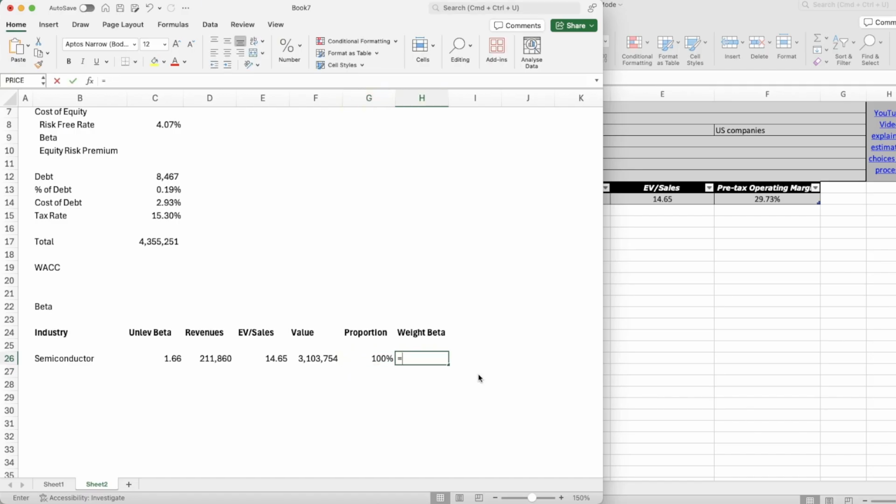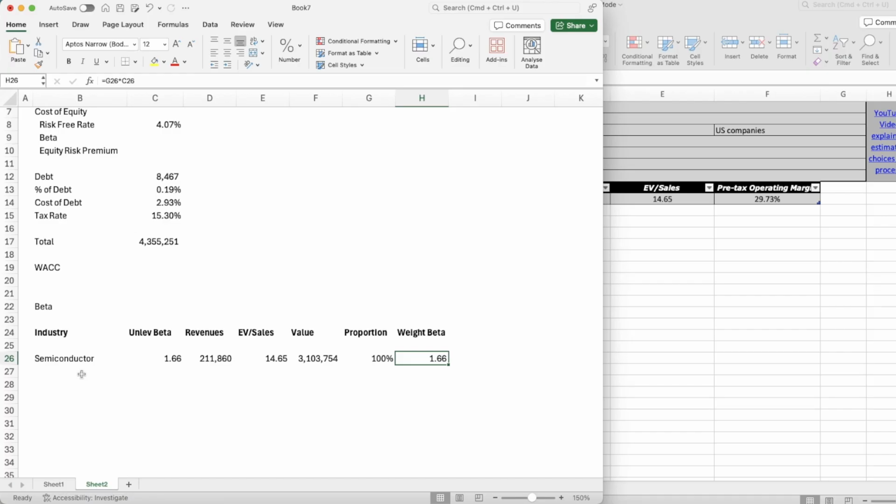And your weighted beta is just going to be the proportion multiplied by the unlevered beta. Normally, sometimes we have a company that is in 2 or 3 different industries, so we do need to break it down so we can understand the value of each of those revenue segments. But for Nvidia, it's just one.